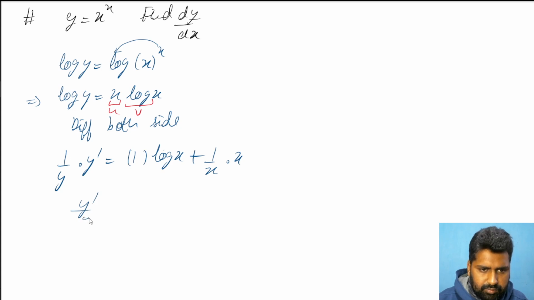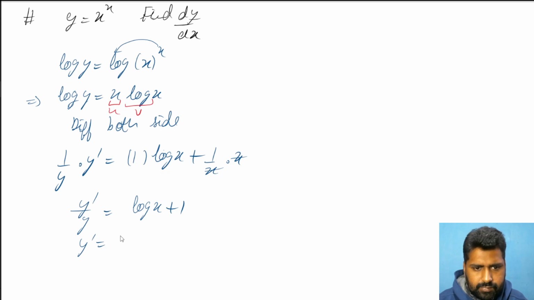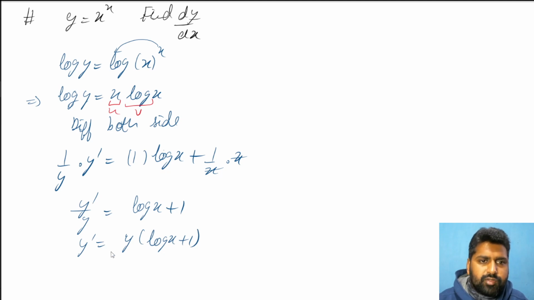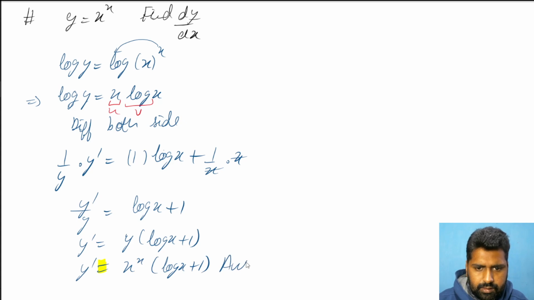So y dash upon y is equal to log x plus 1. So y dash is y into log x plus 1. What was y? From the question you can recall y was x raised to power x, so you can replace it. So this is x raised to power x into log x plus 1. That's your answer for y dash.